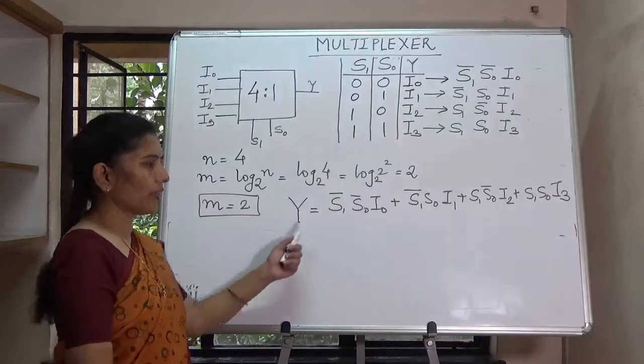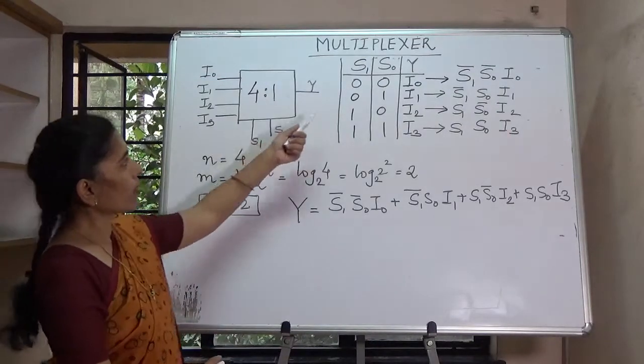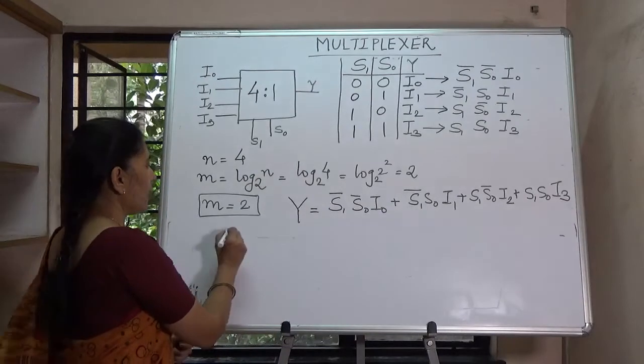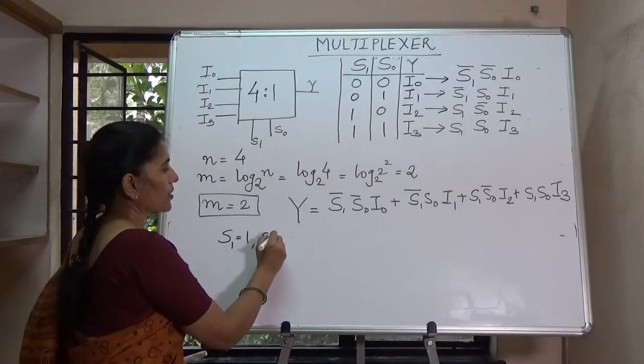Let us check whether this is giving the correct output. Let us see for any one of the inputs of the select lines. Let's take a sample that S1 is 1 and S0 is a 0.